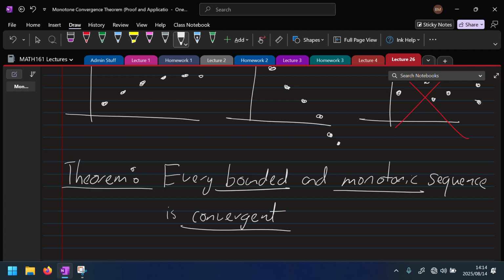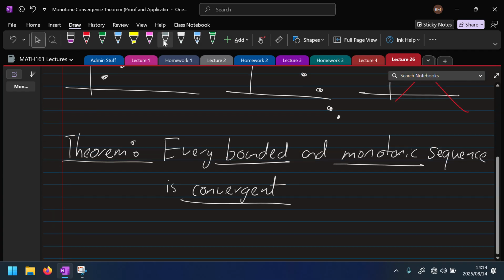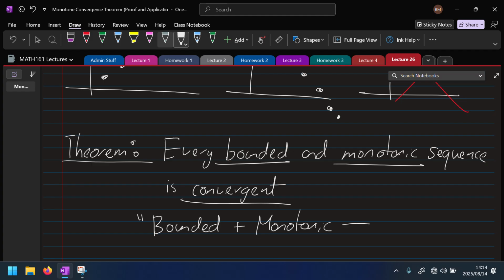Bounded plus monotonic equals convergent. So bounded plus monotonic means it is convergent. Okay, so you must always think of that.